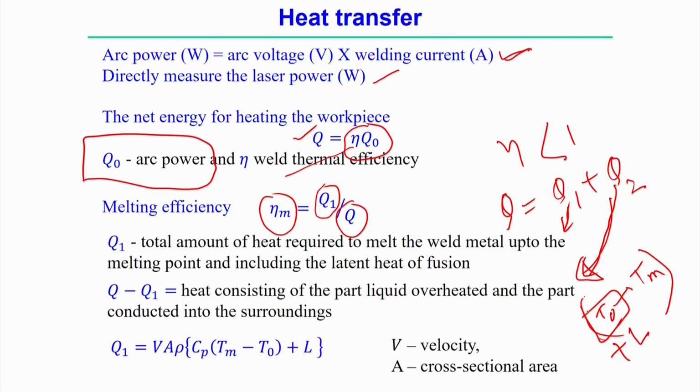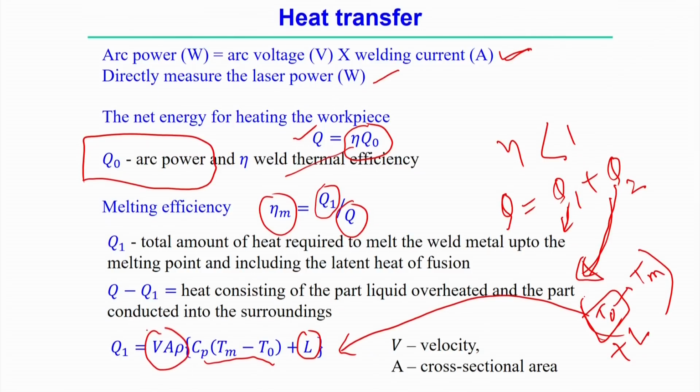That amount of heat can be estimated in this way. This term is the heat just to raise the temperature from the initial temperature to the melting point temperature, and this term accounts for the change of phase from solid to liquid.